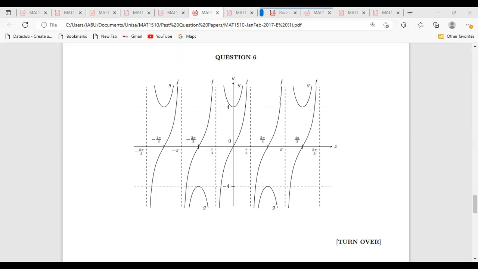By the way, did I show you the standard graph of a cosecant function? Let me show it to you.